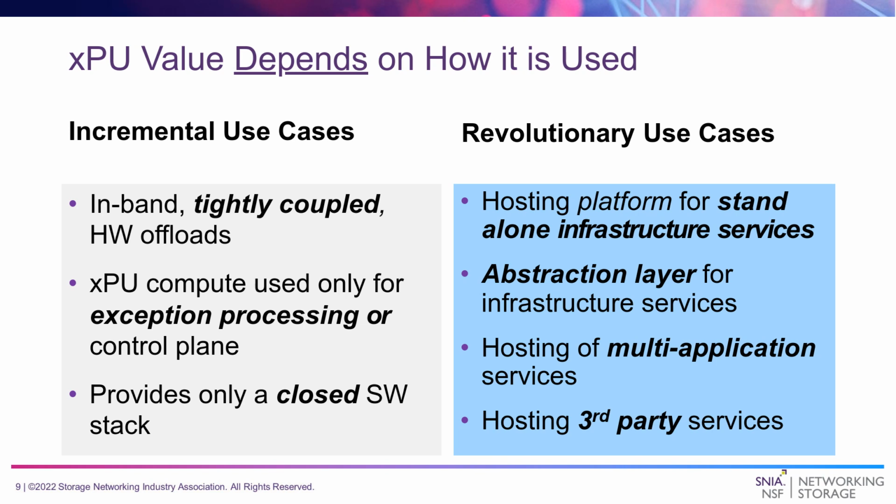Can you get value out of an XPU that way? For sure. Is it going to unlock the future and the way that I see data center and cloud development trending, and the paths being pioneered by hyperscalers? No. I think you need to look at the investment and the ROI that one can capture by using XPUs in a much more revolutionary way.